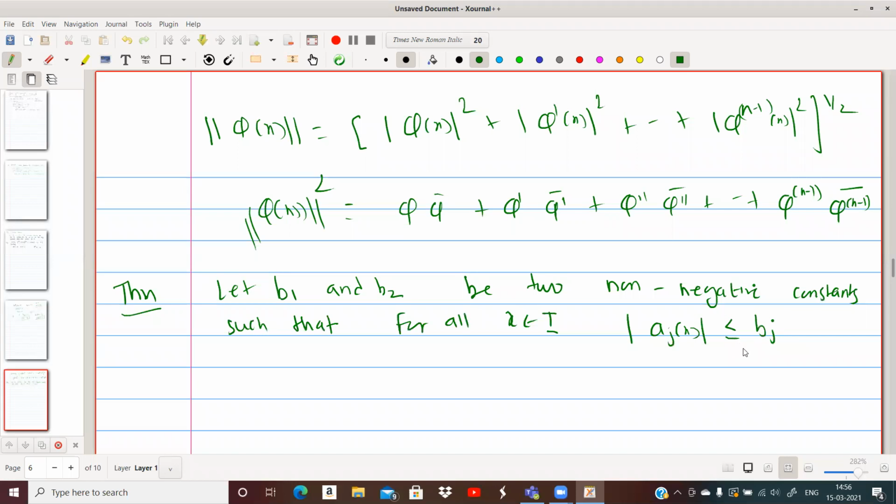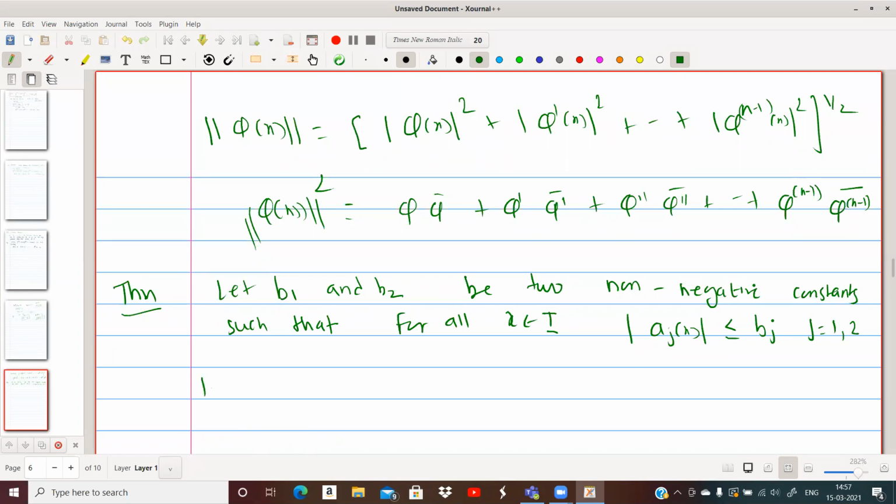That's why non-negative constants are taken. Otherwise, mod will be less than or equal to a negative term, which is not okay. So b1, b2 have to be non-negative constants satisfying: the magnitude of a1(x) is less than or equal to b1, likewise for a2. Since you are taking second order, j goes from 1 to 2. If it is nth order, then you should write 1 to n. I am doing it for 2, it can be generalized for n.